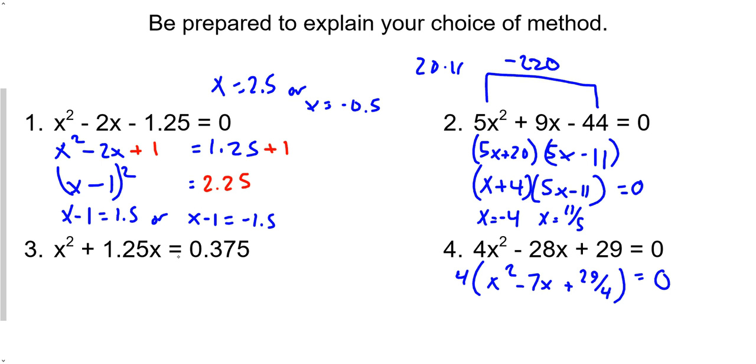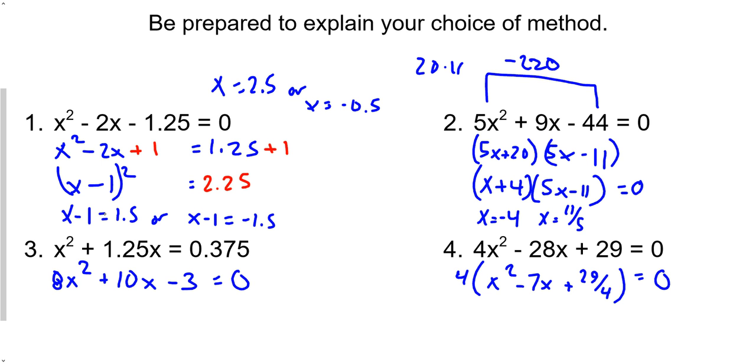What I might do is multiply by 8, and then I get 8x squared plus that times 8 is 10x. Then I'm going to subtract that from both sides and move this back over here. So I get 8x squared plus 10x minus 3 equals 0.